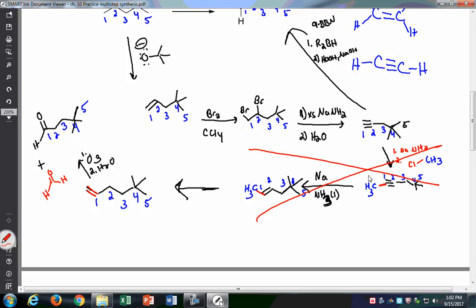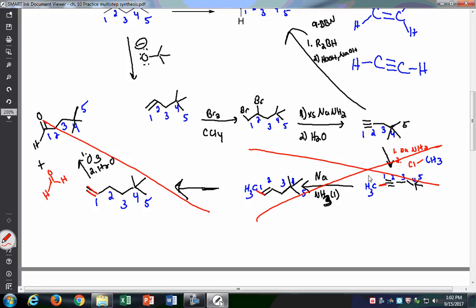But our big problem is going to be the control of moving this double bond between 1 and 2 to between here, because we don't have any selectivity between carbon 1 or carbon 2 for adding our halogen.